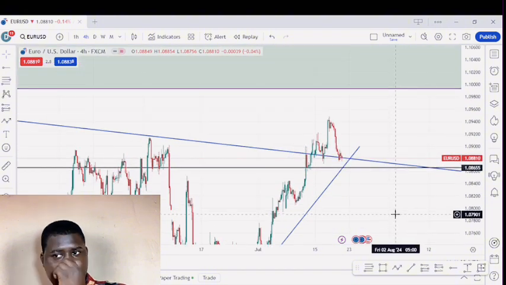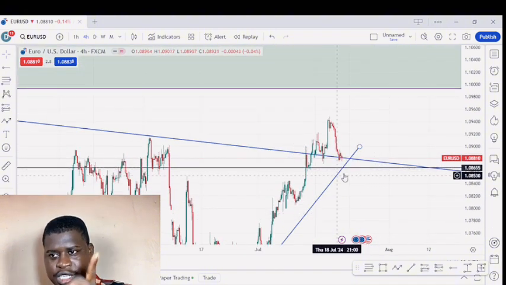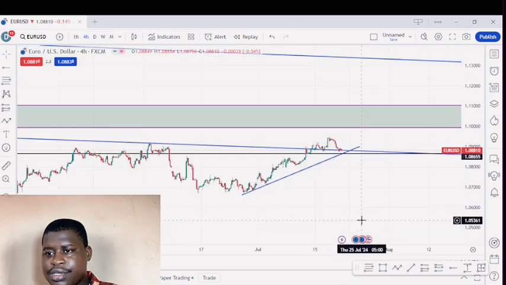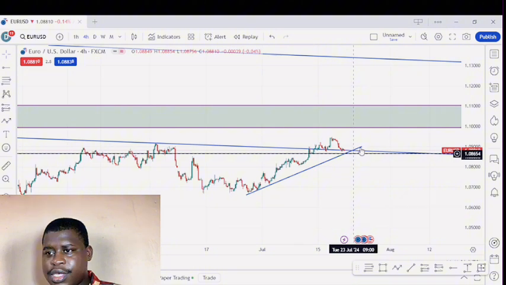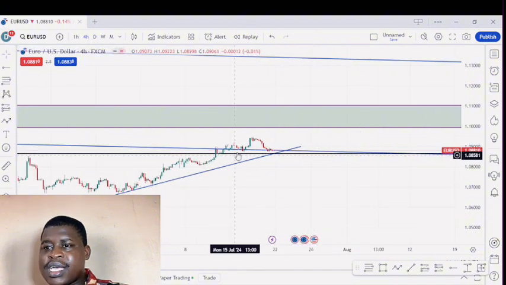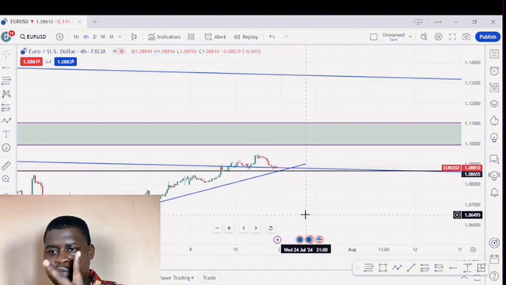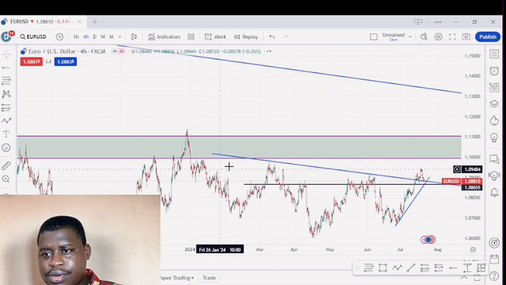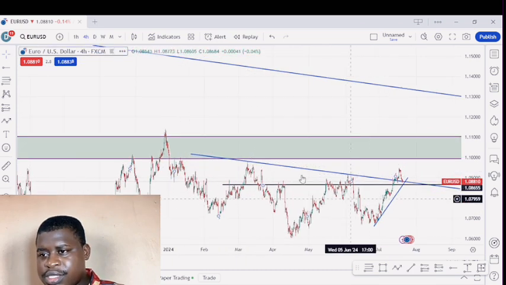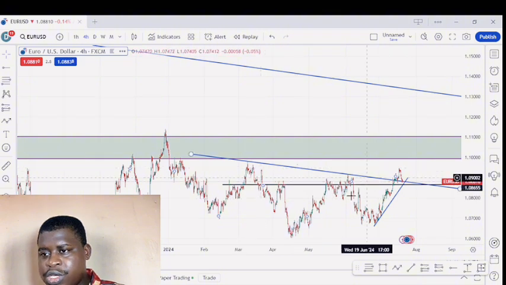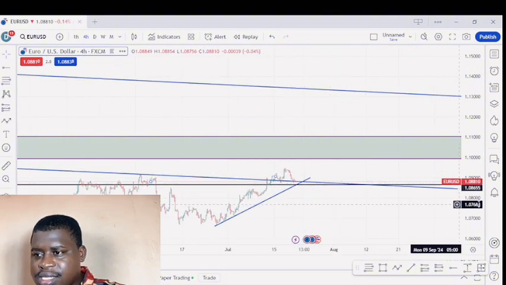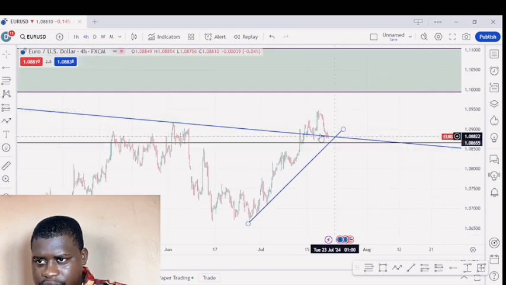So now, two things will happen here, which I'm seeing. This was a trend line I drew from here to connect here. Maybe this market came back for two reasons. The trend line I drew connects these wicks of the candlestick. Maybe the market wants to retest.